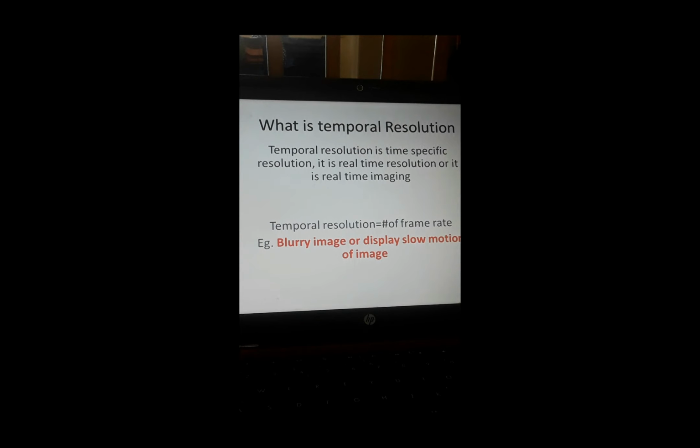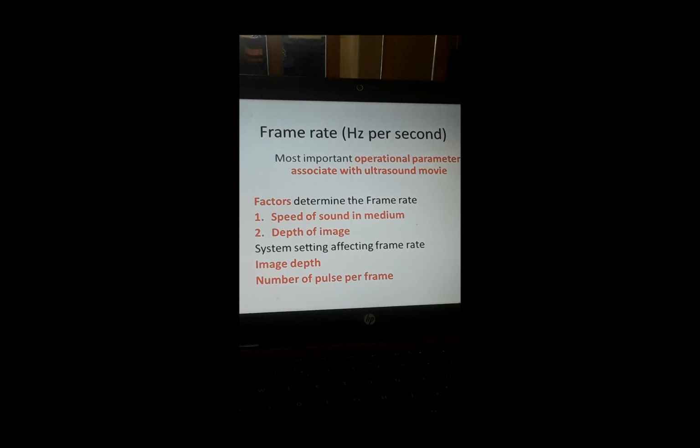For example, sometimes we see blurry images, sometimes we see slow-motion imaging. That's the reason of temporal resolution. With a higher frame rate, the image is going to be clear and nice. Frame rate is measured in hertz. I already told you about it.